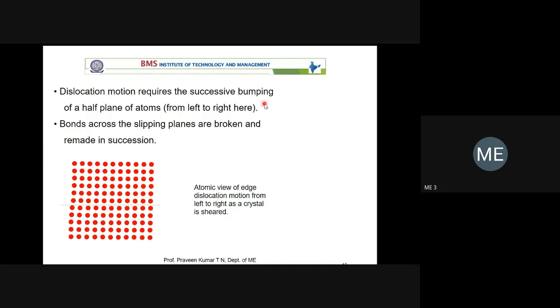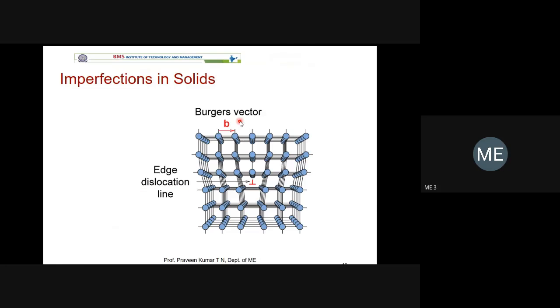Dislocation motion requires successive bumping of a plane of atoms from left to right. What is successive bumping or movement? Suppose this extra plane of atoms should move to this particular position, because it will not move forward. Imagine you are standing in front of the wall in room number 201. You want to move to 202. You cannot move through the back wall, because the back wall is fixed.